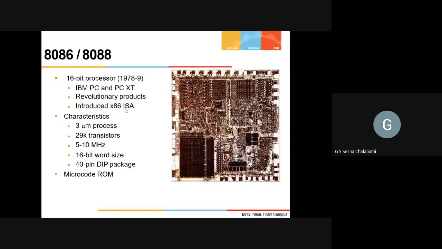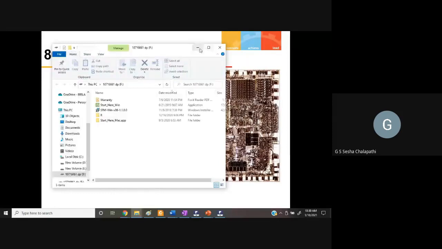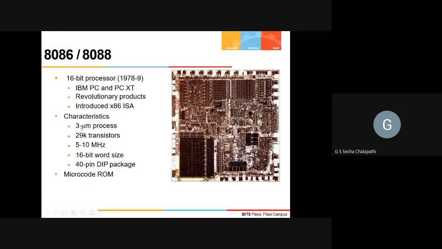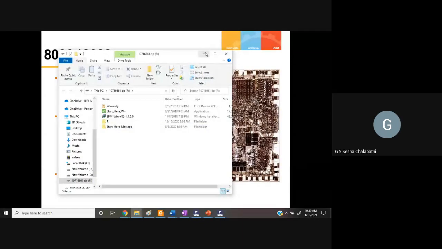So they followed the same instruction set architecture. It used the 3 micrometer process, and it had 29 kilo, that is 29,000 transistors. It had a speed of 5 to 10 megahertz.